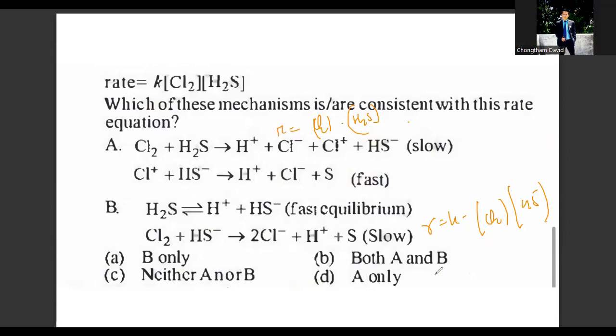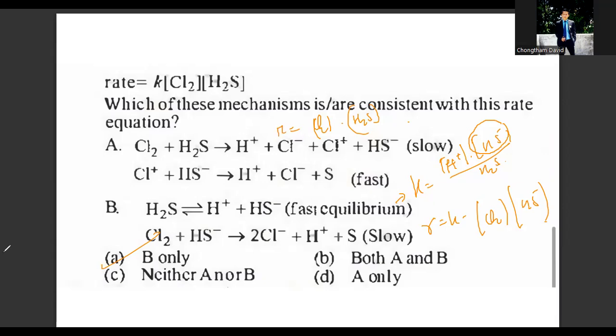So the equilibrium constant can be rewritten for this equation B as equilibrium constant equals H plus, HS minus over H2S. So if you find HS minus, multiply this, you will be getting the answer. Okay, only B is the correct answer for question number 41.